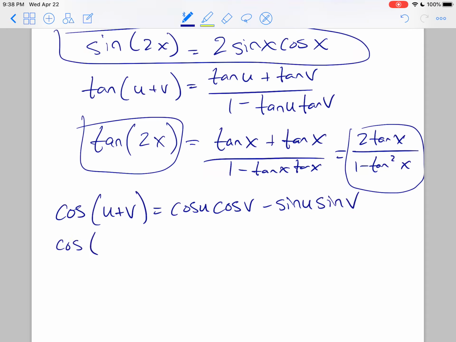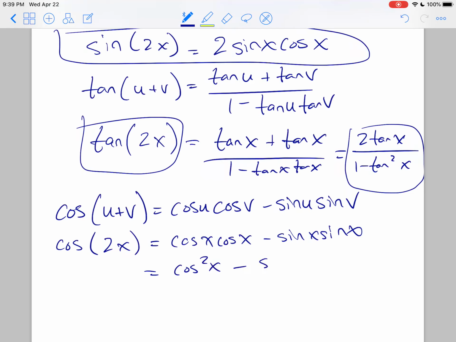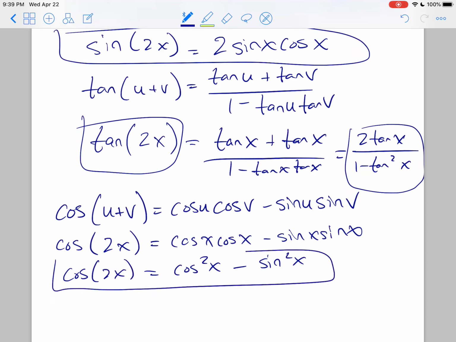So when we substitute in x for u and v, we get cosine of 2x, which is the double angle formula. And that gives us cosine x cosine x minus sine x sine x, which is cosine squared x minus sine squared x. So this is one version of the double angle formula for cosine.